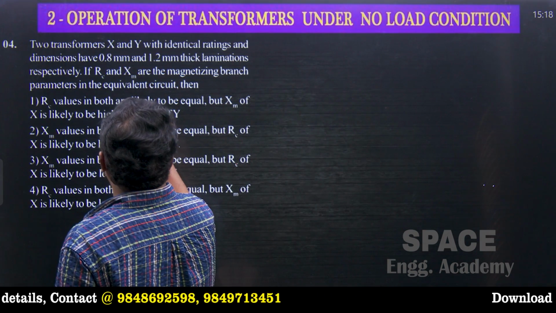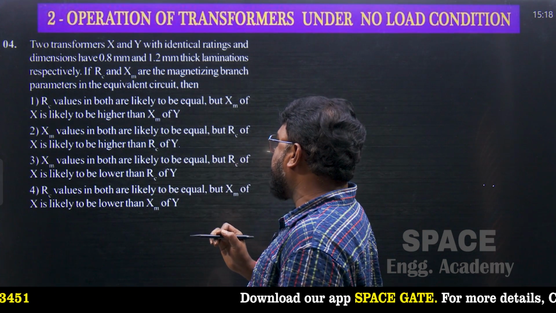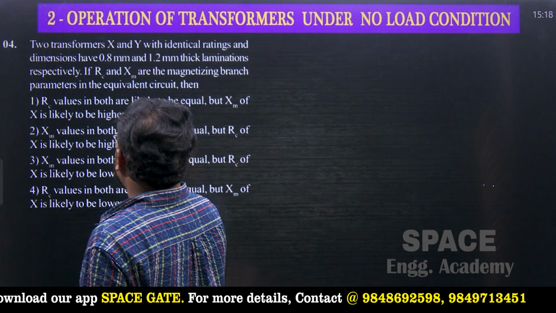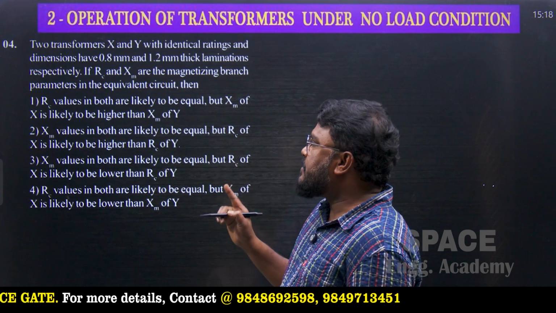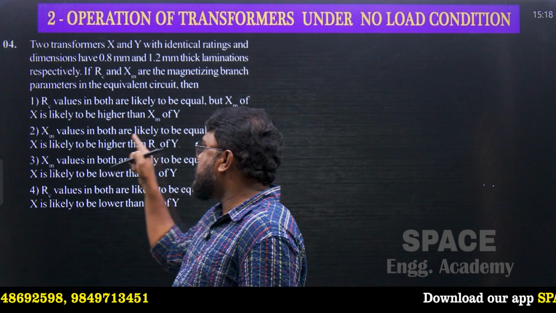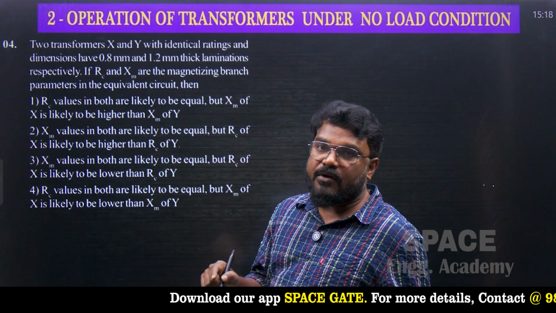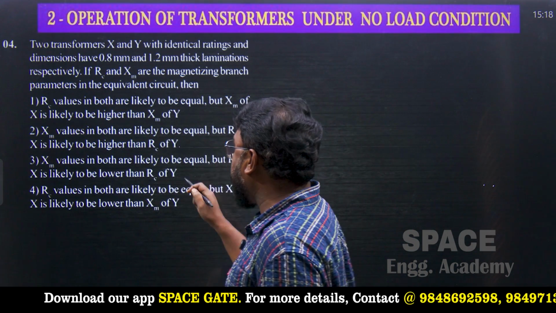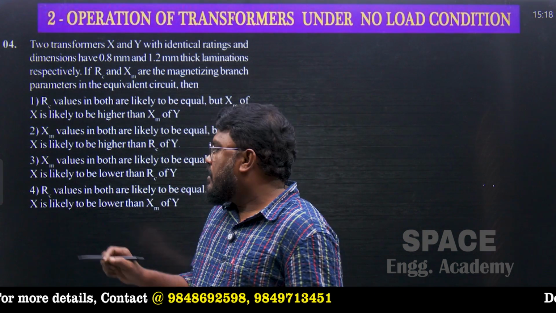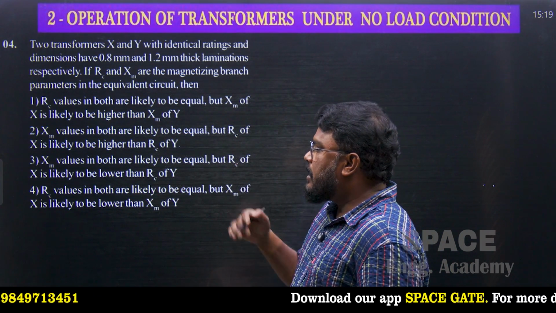If RC and XM are the magnetizing branch parameters in the equivalent circuit, then option 1: RC values in both are likely to be equal, but XM of X is likely to be higher than XM of Y. Option 2: XM values in both are likely to be equal, but RC of X is likely to be higher than RC of Y. Option 3: XM values are likely to be equal, but RC of X is likely to be lower than RC of Y. Option 4: RC values are likely to be equal, but XM of X is likely to be lower than XM of Y.